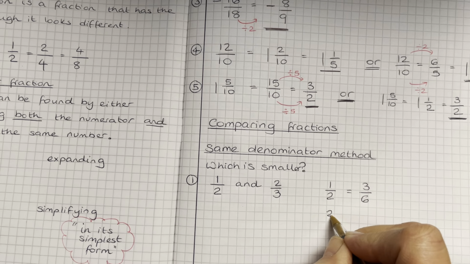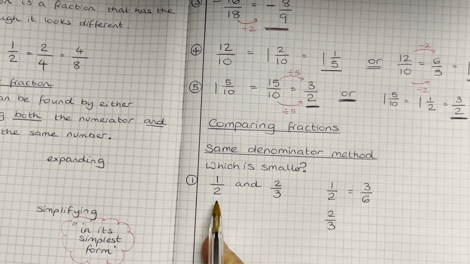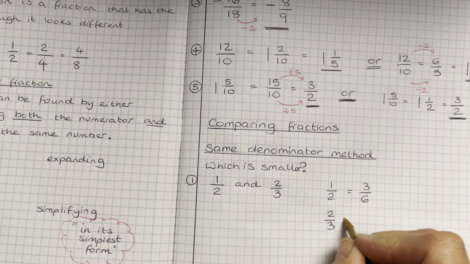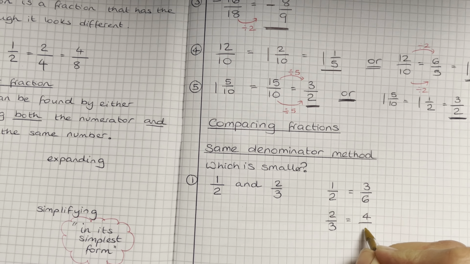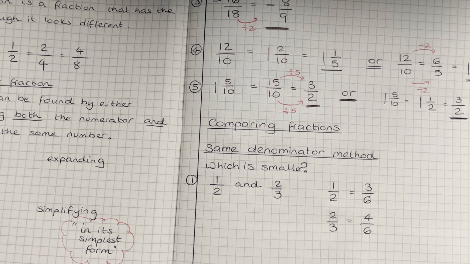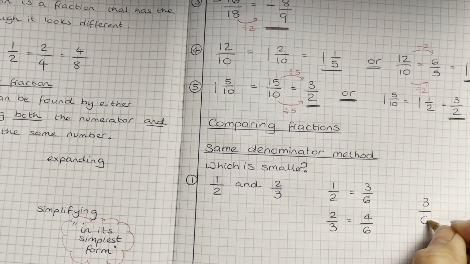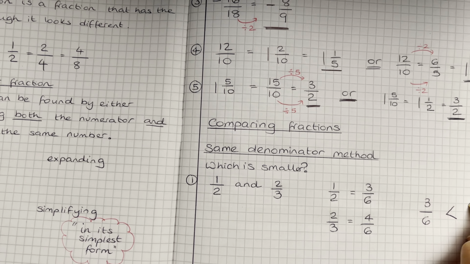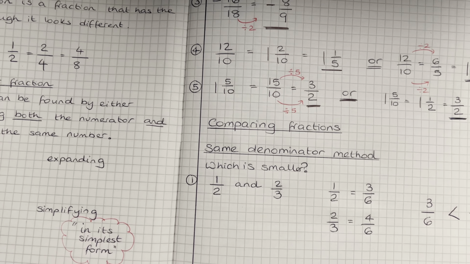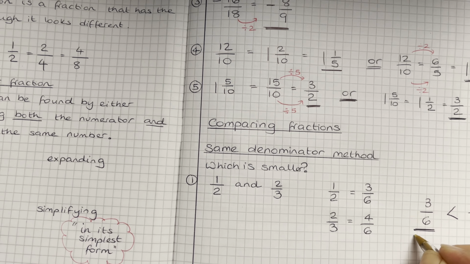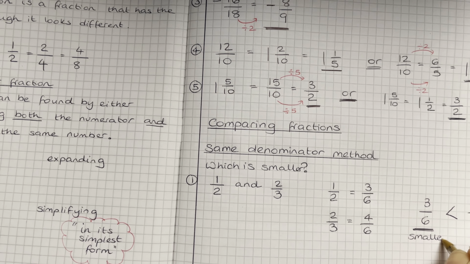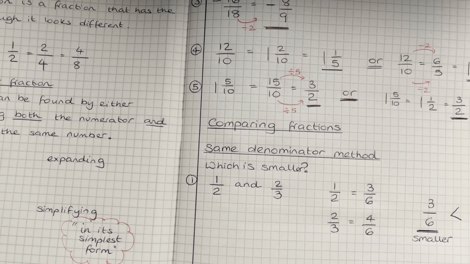And 2 over 3, this time I'm multiplying by 2, is an equivalent fraction of 4 over 6. I can therefore see that 3 over 6 is less than 4 over 6. So 3 over 6 is the smaller of the two fractions.